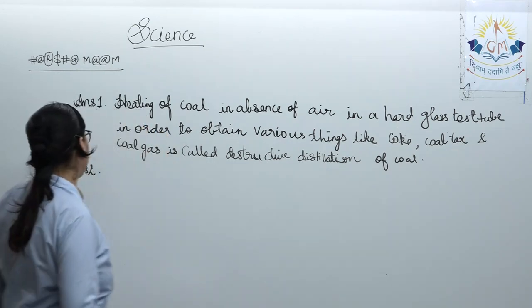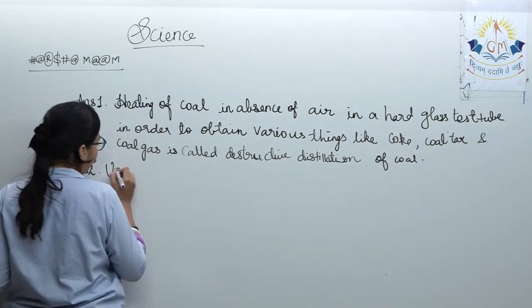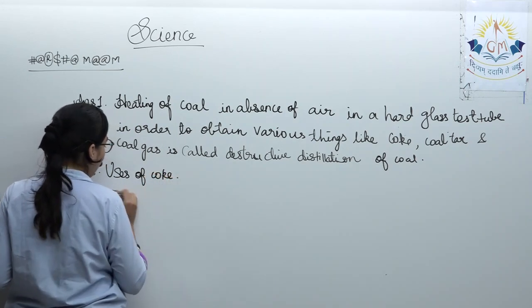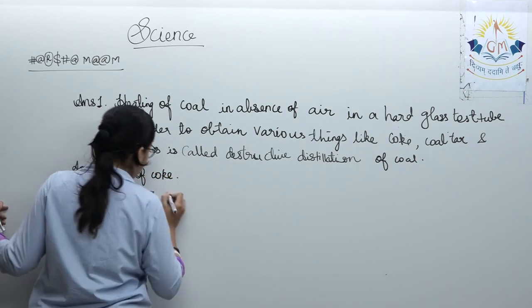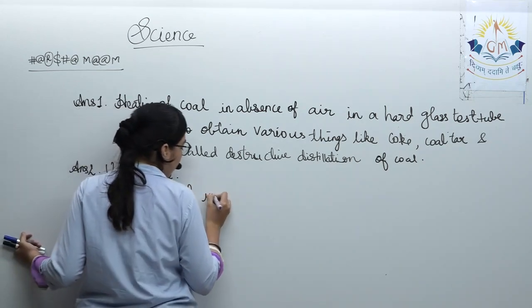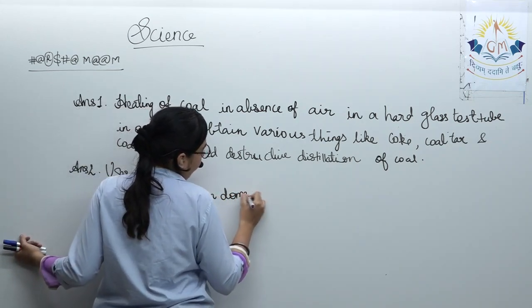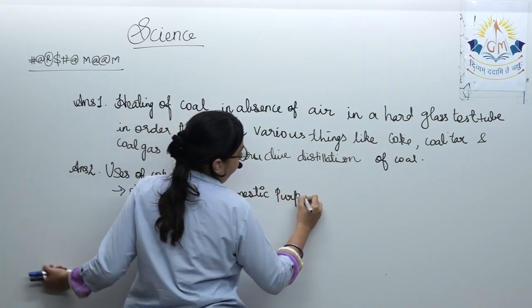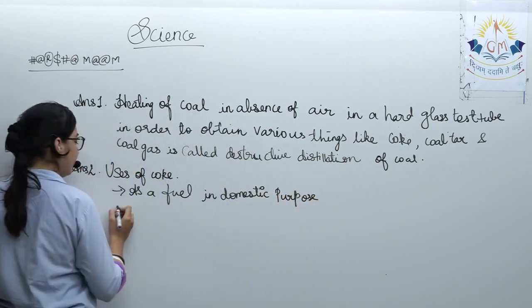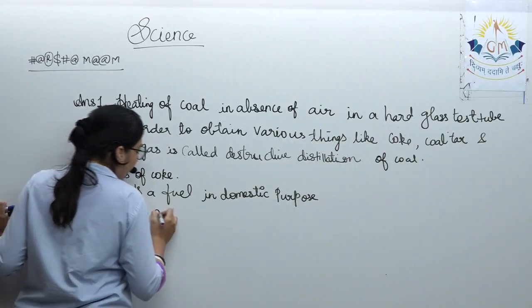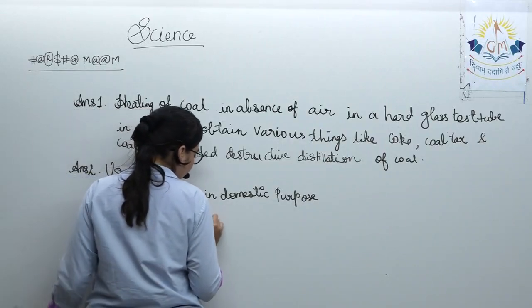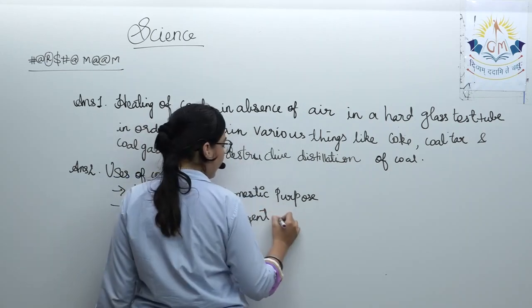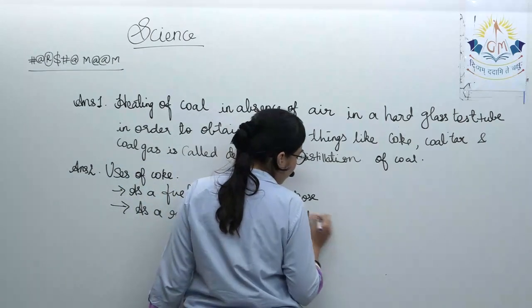So, uses of coke: first, as a fuel in domestic purposes, and second, as a reducing agent in the process of metallurgy.